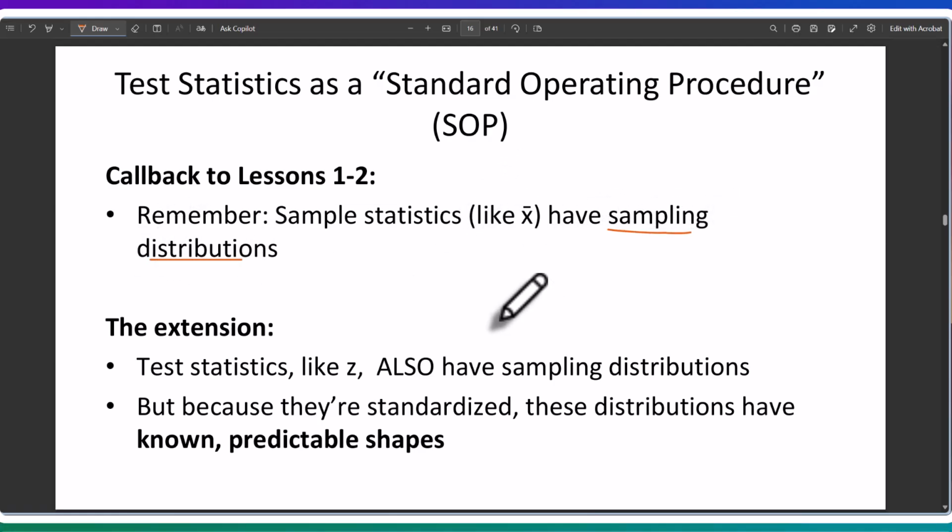But the difference here is that the test statistic sampling distribution, so our z statistic, is going to have a very predictable shape. It's going to have a known distribution. The distribution is the same for all z statistics.